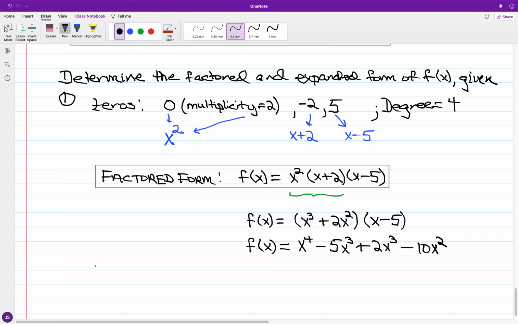So in the case of the expanded form, we have f of x is equal to x to the 4th minus 3x cubed minus 10x squared.